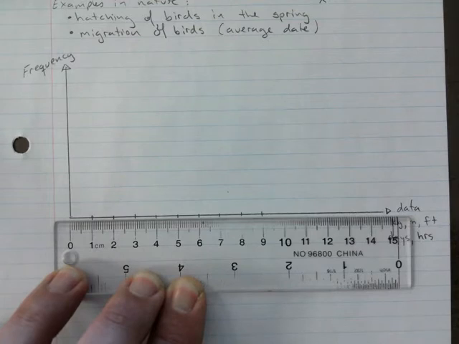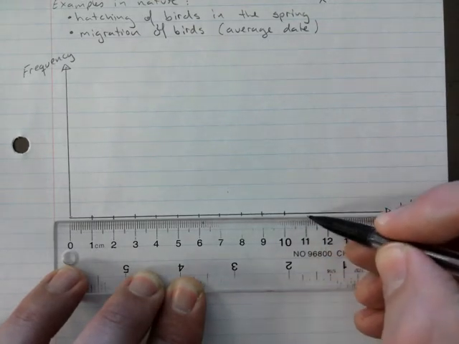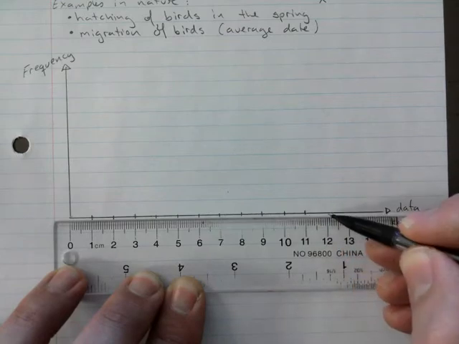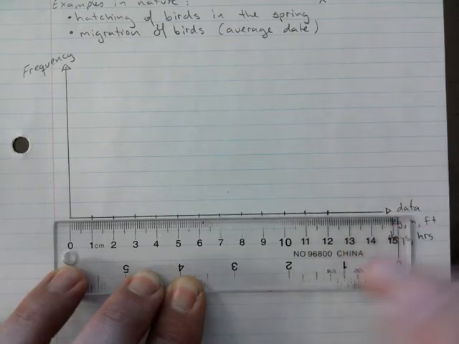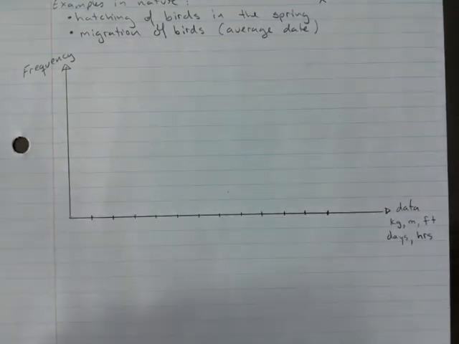And I have lots of room here in mine. So I'm going to keep going a little bit. I'm going to go 10, 11, 12. So I have 12 markings along the x-axis. Try to make that happen.